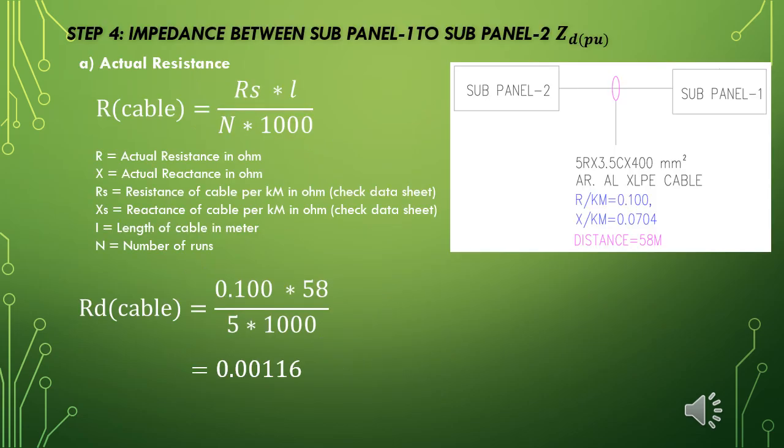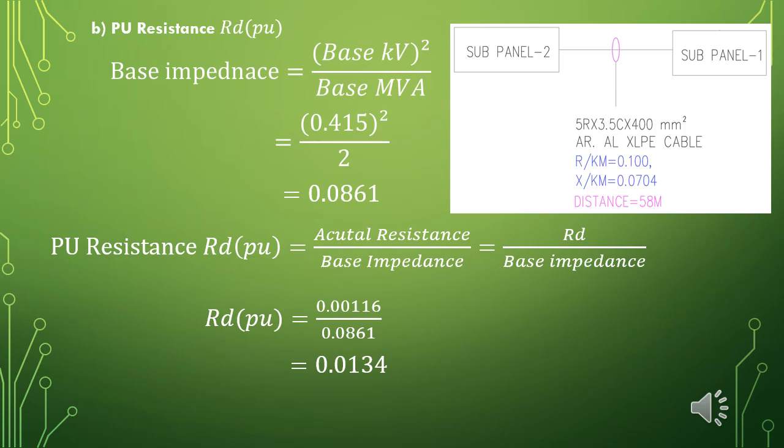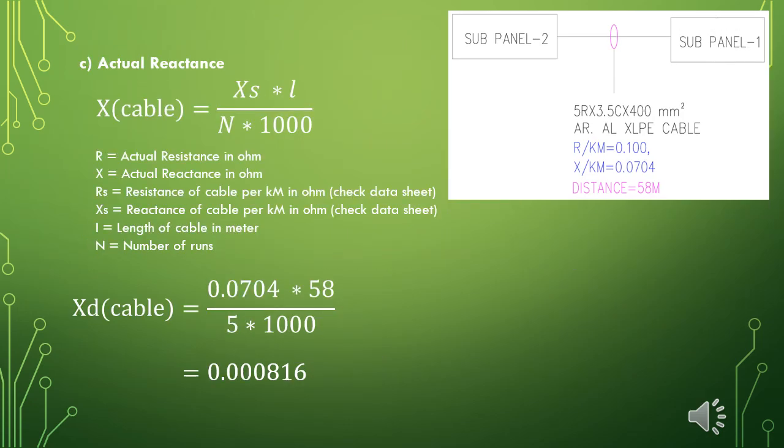To determine the impedance between sub-panel 1 and sub-panel 2, we will start by calculating the actual resistance of the cable. Since the number of runs is 5, you can use the formula for resistance, similar to the previous calculation. Then calculate per unit resistance. Similarly, calculate actual reactance of the cable.